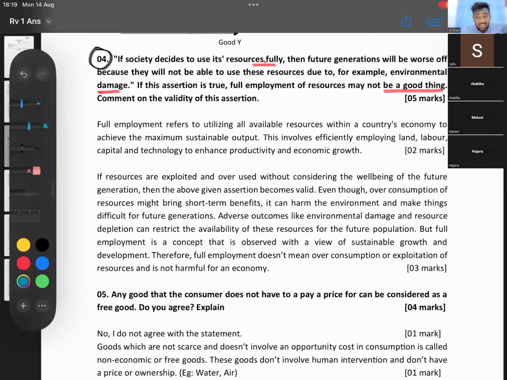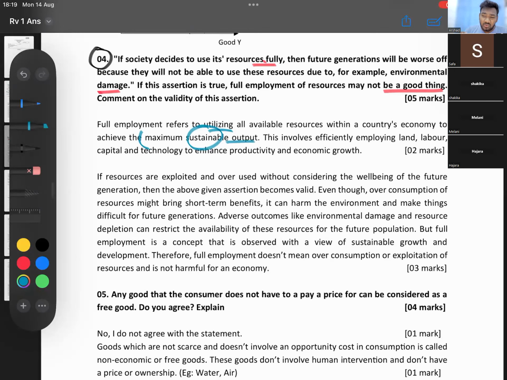Environmental damage, no rain. Right now, these days, there are droughts in Sri Lanka. I'm hoping you all know that. So that is not what full employment is, right? See, full employment refers to utilizing all the available resources to achieve the maximum sustainable output, not the maximum output.